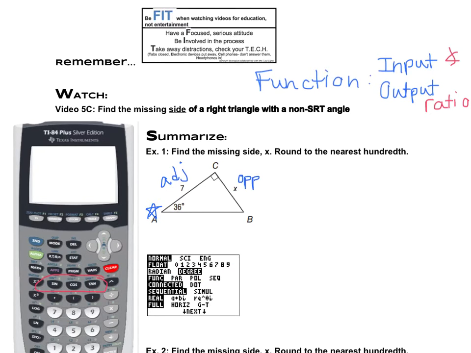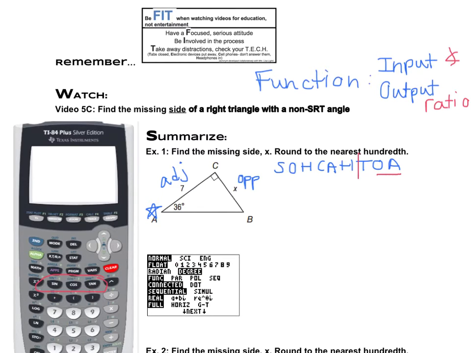So to begin, you can see that because I have my opposite and my adjacent, then as I think about SOHCAHTOA here, my opposite and my adjacent are these last two letters.